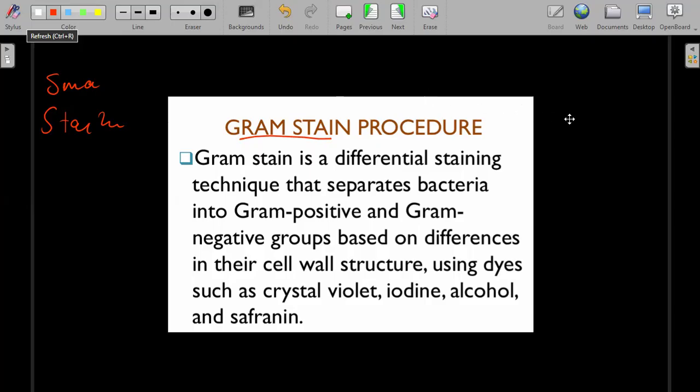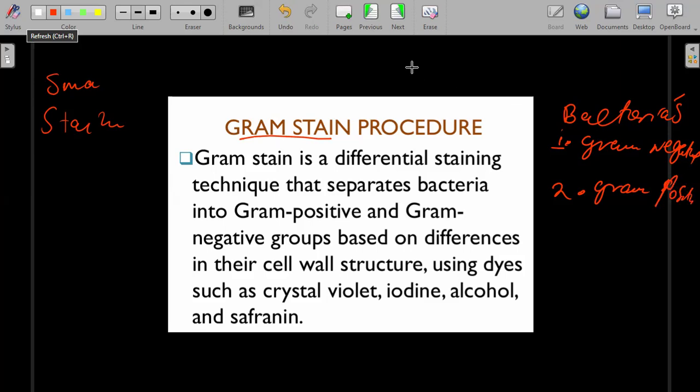Okay, so bacteria can either be gram negative or gram positive.